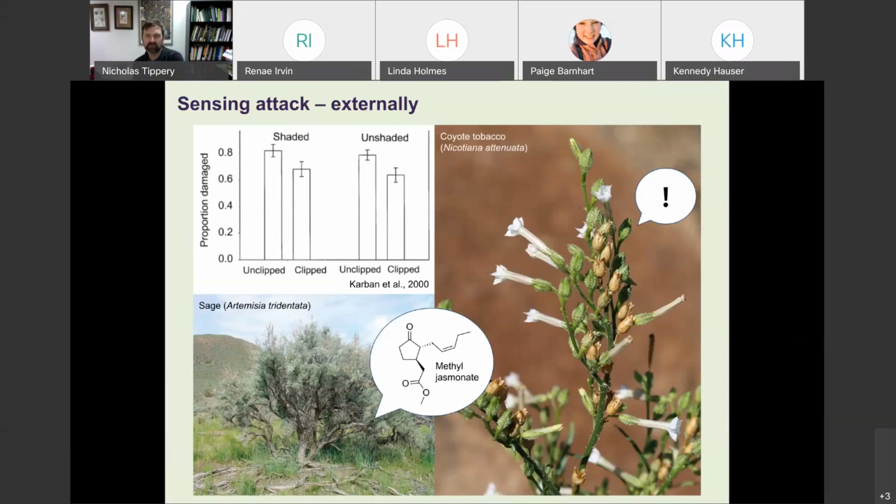This is a place where it's an advantage to have two different species using the same signal. So this jasmonate signal is a commonly used plant signal for damage. This tobacco plant senses that a neighbor is being chewed on, and that might be enough for it to put up some defense.